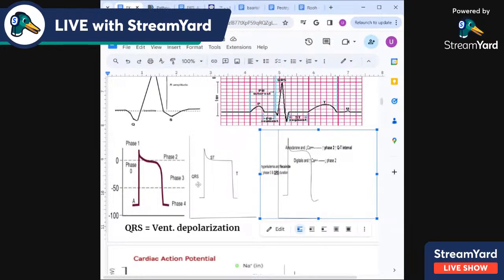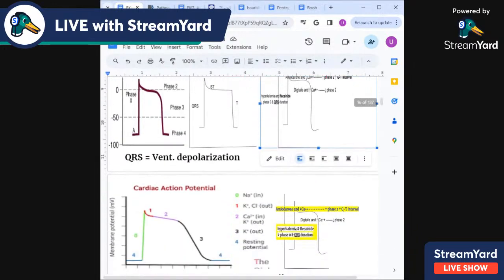In hyperkalemia, the QRS is reduced in duration and in amplitude. Because potassium is related to repolarization, increased potassium, and also flecainide, cause a decrease in QRS duration and amplitude.